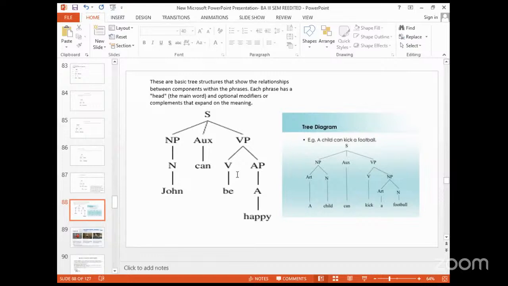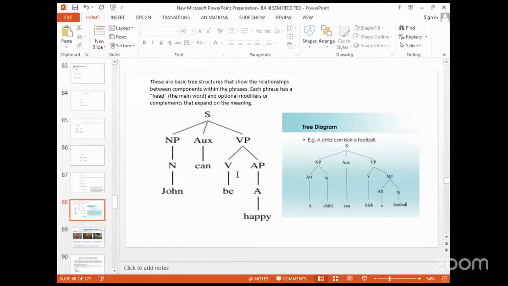The first one, let me look into it. John can, please remember, John stands as a noun, but it is a noun phrase there. I already spoke to you about single word phrases. Hence, John is a noun phrase, can is an auxiliary, be is the verb here under the verb phrase, and then happy.